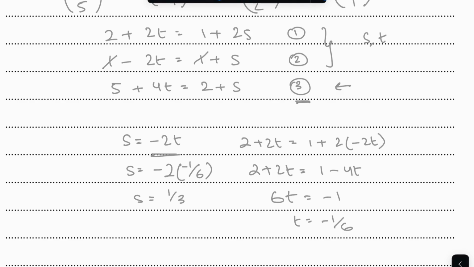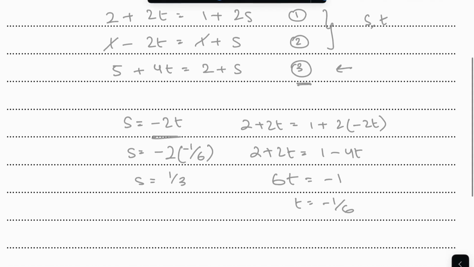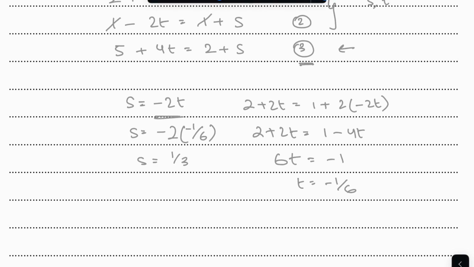Now we need to check if we get these values for s and t in the third equation. So now that we have values for s and t, we're going to substitute them into the equation and see if that's true. On the right hand side, we have 5 plus 4t. So instead of t, we will write minus 1 over 6, and that comes out to be 5 wholes 2 over 3. On the left hand side, we had 2 plus s, and s was 1 over 3, so we will get 2 wholes 1 over 3.